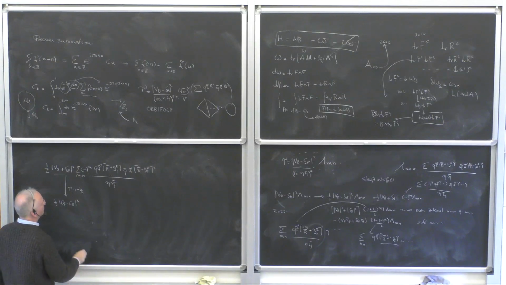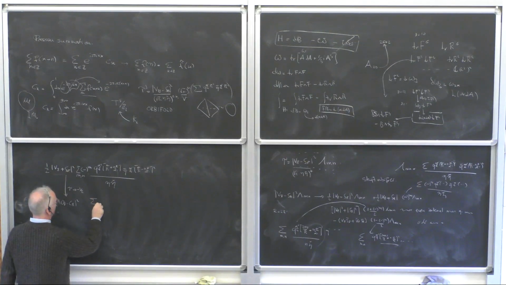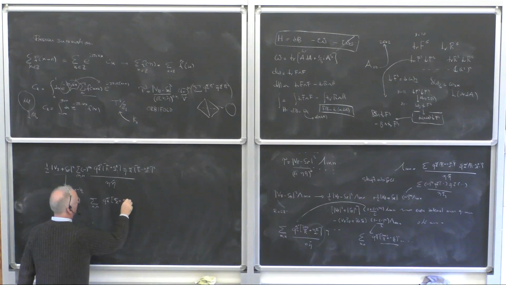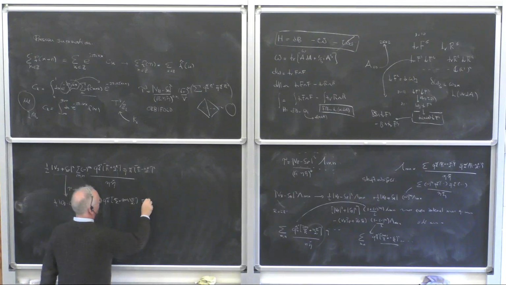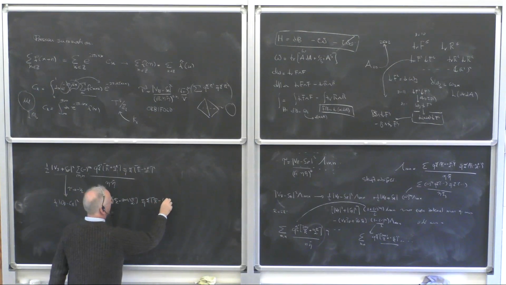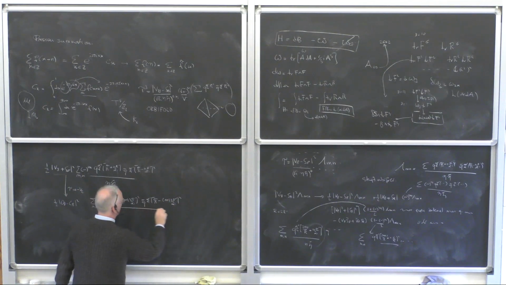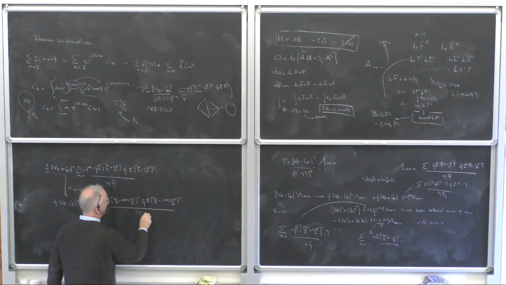And now I tell you that by Poisson summation, you get the following expression. Sum, the n is shifted by 1/2.